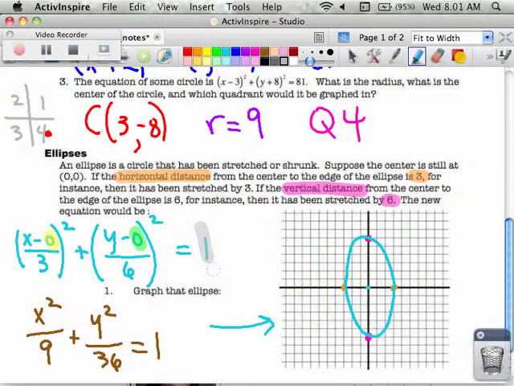If it's in the parentheses, you can see the numbers, how far you go. So if you look underneath the x thing, there was a 3. That means from the center I go left and right 3, because that's the x direction. And under the y there was a 6 in the parentheses. That means I go up and down 6 from the center.